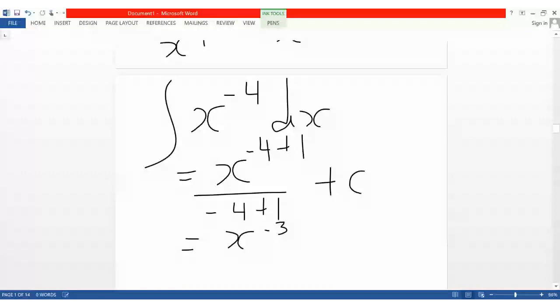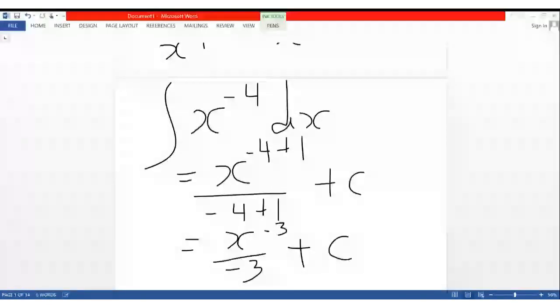So you can see the law of indices has assisted us to hack that one out. Again, I will repeat, the power rule only works when you have a numerator, not a denominator.